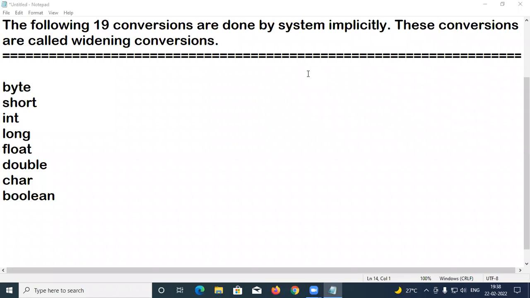Whatever is done by the system is implicit, and whatever is done by the programmer is explicit. If all are done by the system, it is better for the programmer, but from the system's point of view it is a burden. If all are done by the programmer, it is a burden from the programmer's point of view. That's why responsibility is divided. Very regular conversions, whatever we use often, are done by the system.